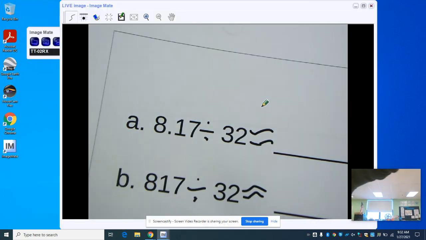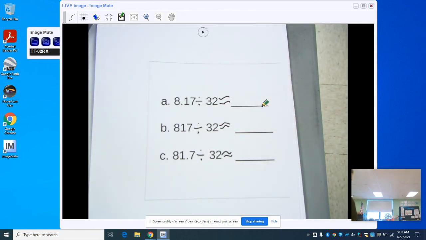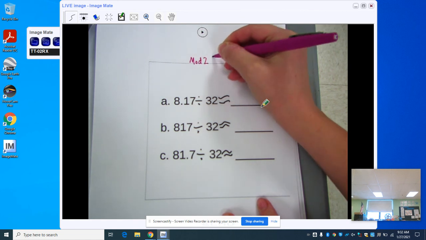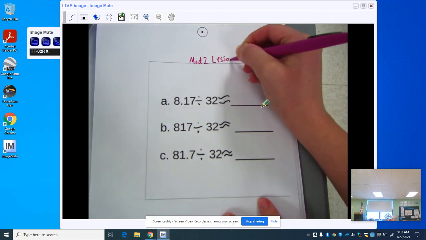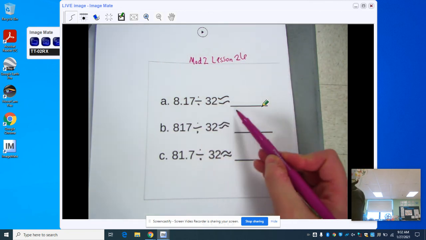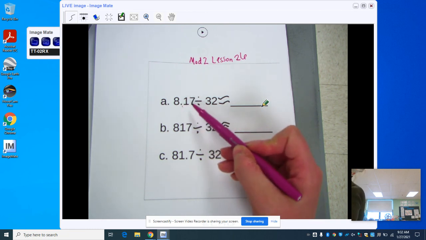So the first question has you look at 3 problems. This is from Module 2, Lesson 26 notes. You can solve this question, which will help you solve this one based on where the decimal is.